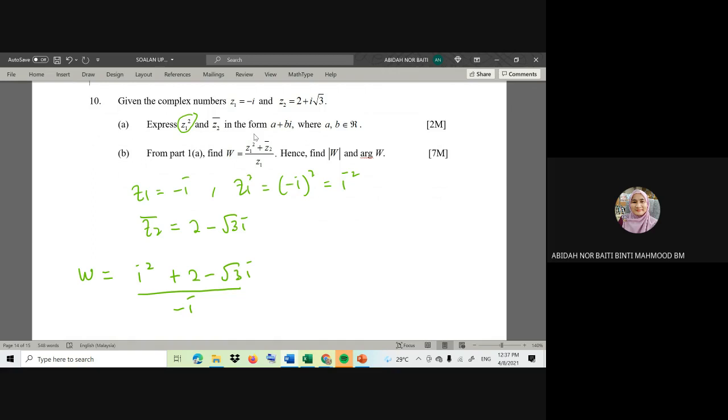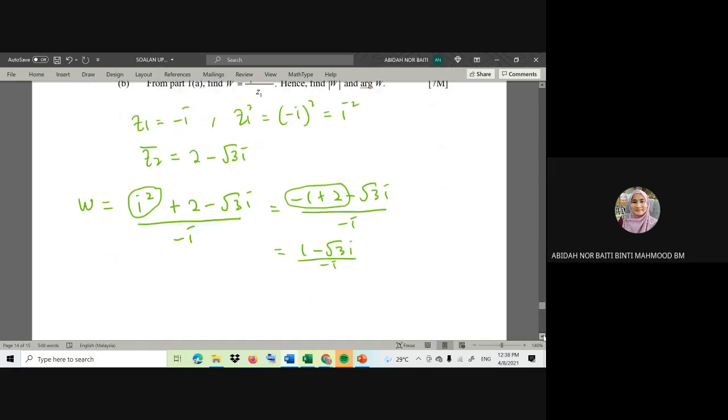So here we substitute i squared with negative 1. So negative 1 plus 2 minus 3i over negative i. So ni boleh kira. So you get 1 minus 3i over negative i. So sampai sini, kena buat apa? Multiply the conjugate of denominator.